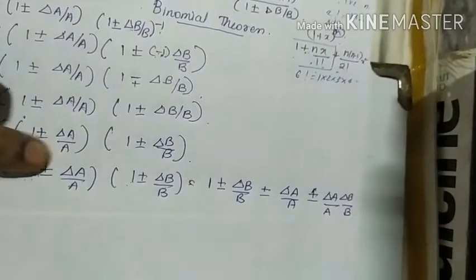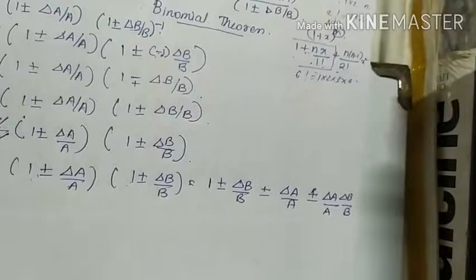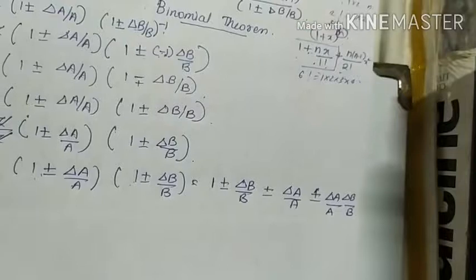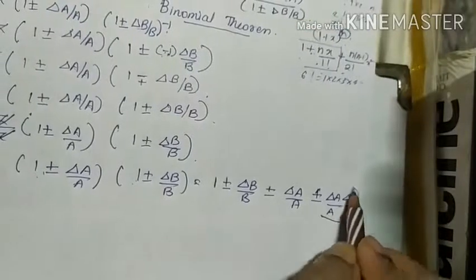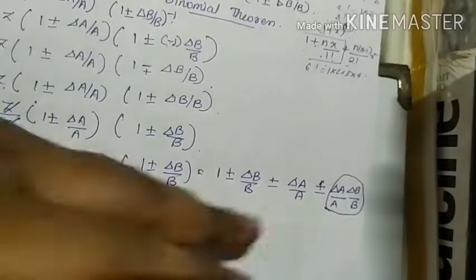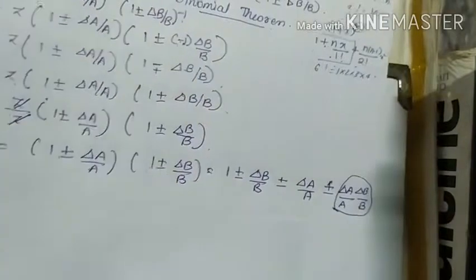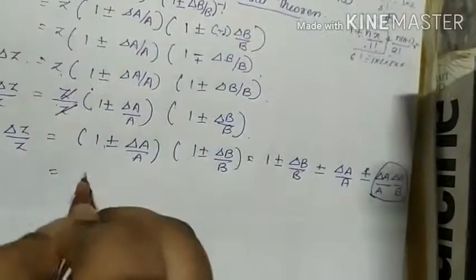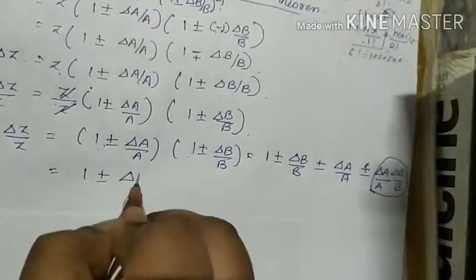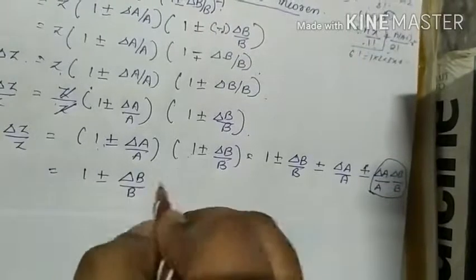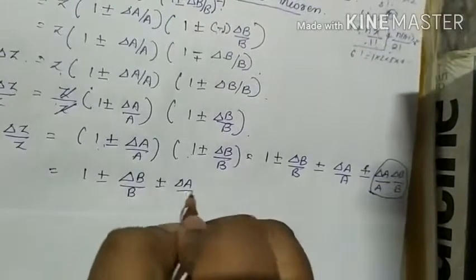Now guys, this term is very small. I'm going to neglect it. See, delta a by a is already a small value. I'm multiplying it with another small value, so it will be a very, very small value, so I'm neglecting it. So this RHS becomes 1 plus or minus delta b by b plus or minus delta a by a.